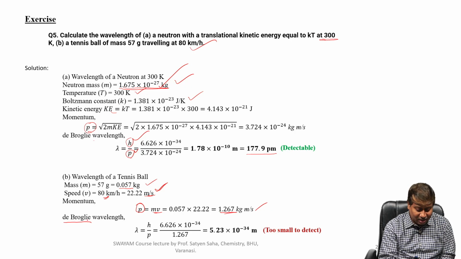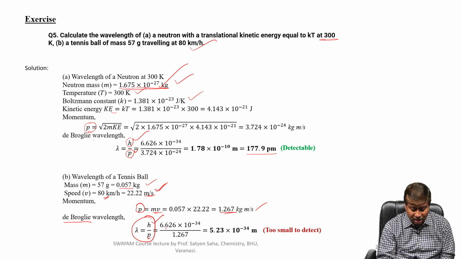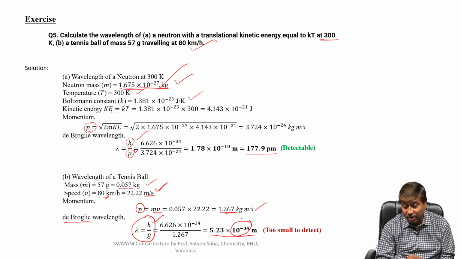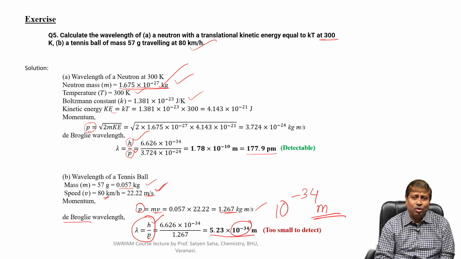Then use the de Broglie equation: lambda is equal to h by p, where p is the momentum and h is the Planck constant. If you put this in, it comes to 5.223 into 10 to the power minus 34 meter.